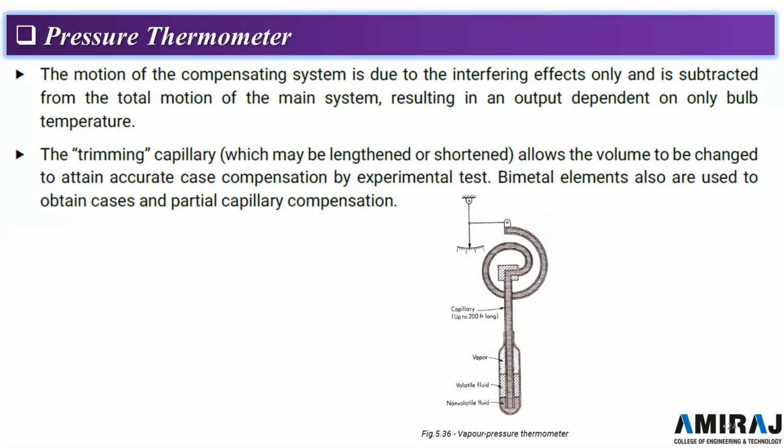The trimming capillary, which may be lengthened or shortened, allows the volume to be changed to attain accurate case compensation by experimental test. Bimetallic strips are also used to obtain the case and partial capillary compensation.